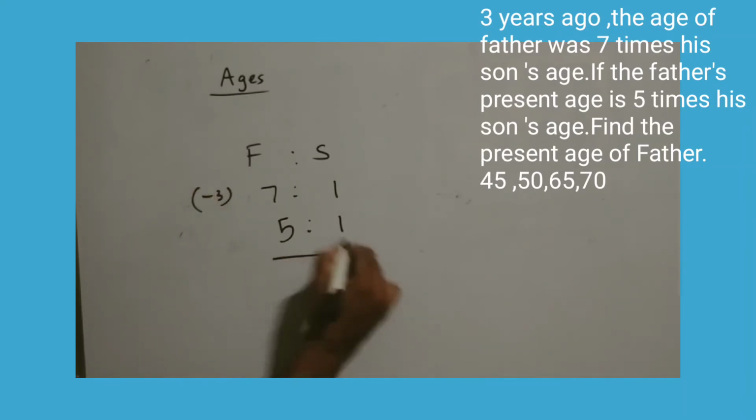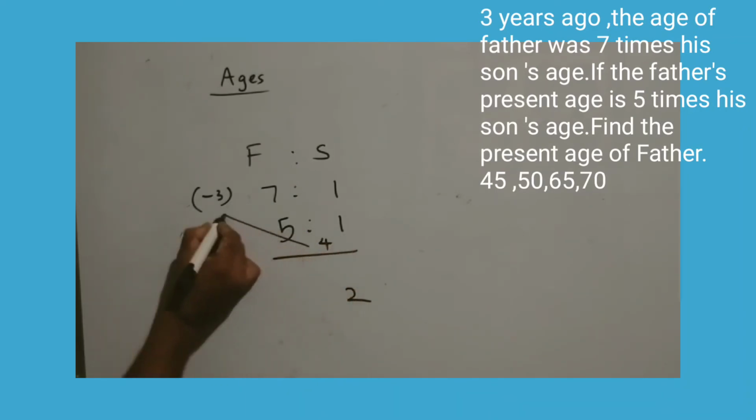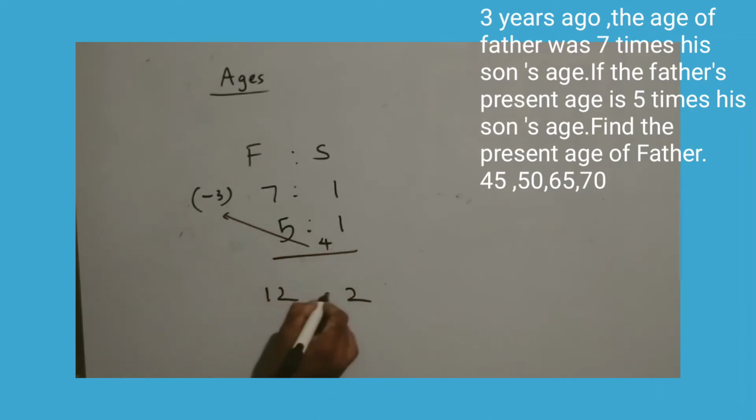Now we are going to cross multiply. The father's present age is 5 times his son's age. Find the present age of the father. So 7 minus 5, 2. 5 minus 1, 4. 4 into 3, 12. Forget about the sign, minus or plus. So 1 part equal to 6.